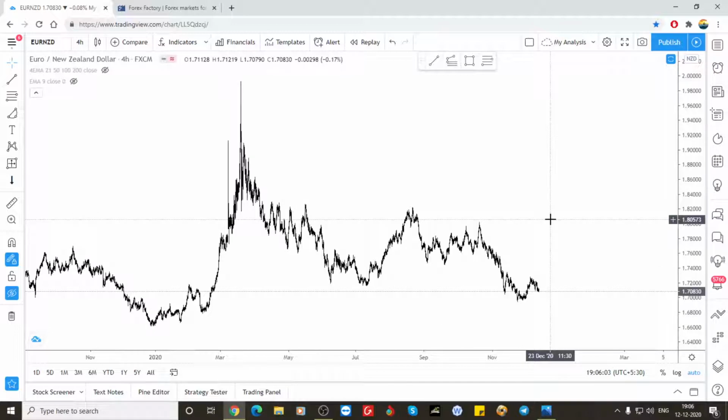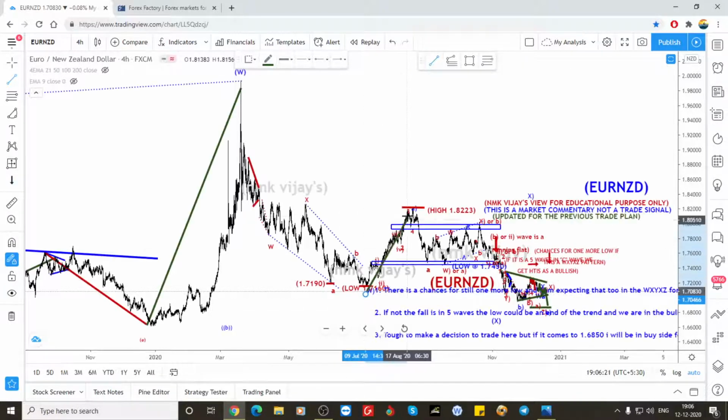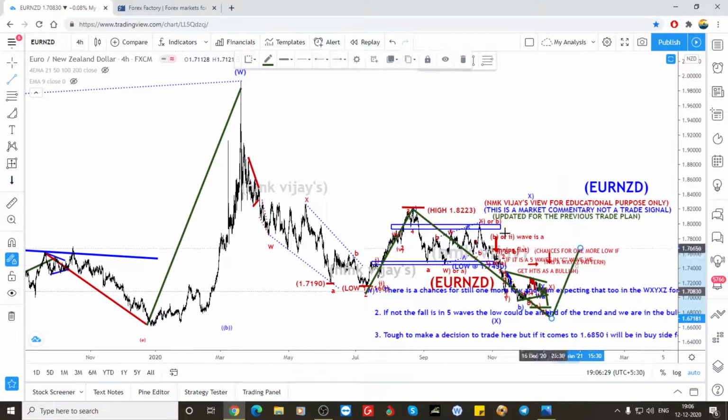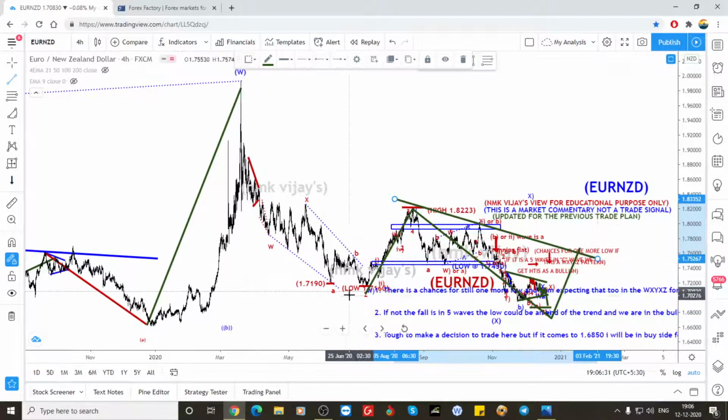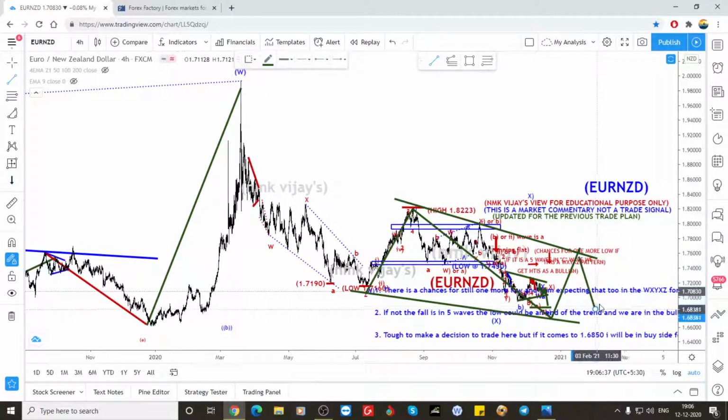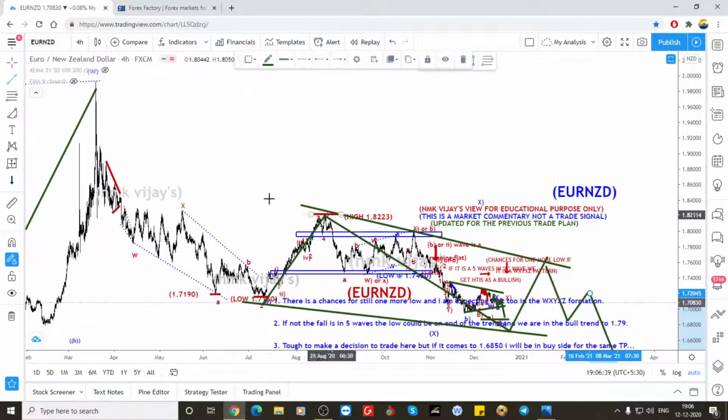Whether that could be an expanded flat, if it breaks this high, or if it is again struggling to reach this 1.78 and again drops, then this A, B, C is a W. This A, B, 1.67 approximately, and then again C. So this could be again W, X, one more A, B, C. So still we are in the downtrend only.